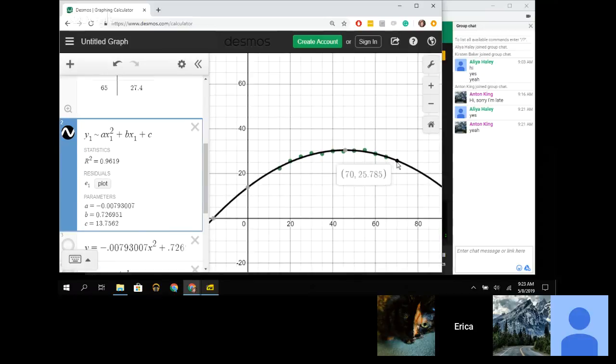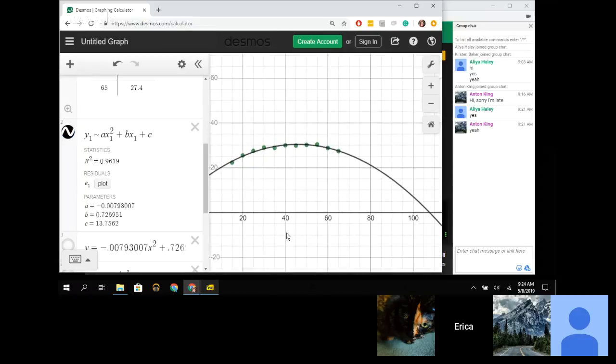Yeah, we would just follow our curve, right? And at 70 miles per hour, we would estimate that you would get 25.785 miles per gallon, right? You could also predict within, like, at 57 miles per hour, what's my miles per gallon? You can do that too.